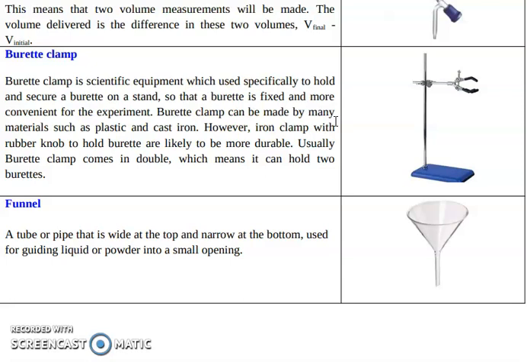However, iron clamp, look at here, iron clamp with the rubber knobs to hold the burette, is likely to be more durable. Usually burette clamps come in double, which means it can hold two burettes.